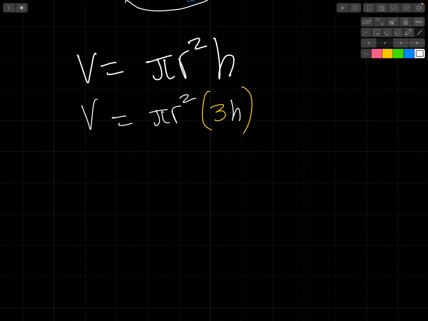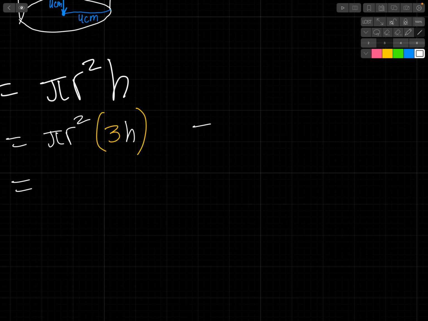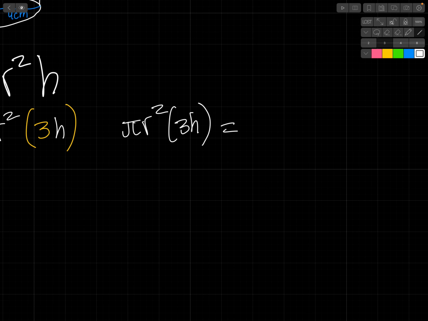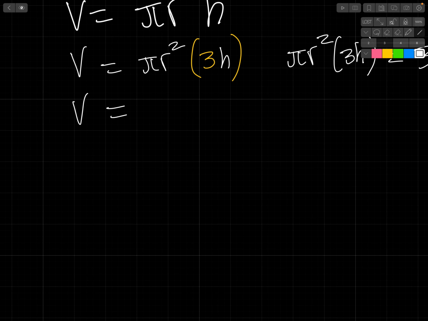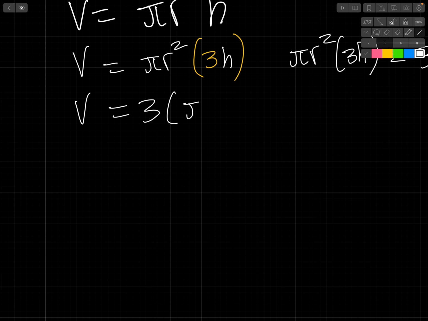And if you know how to multiply monomials, pi r squared times 3h is the same as 3 times pi r squared h. So V equals 3 times pi r squared h.